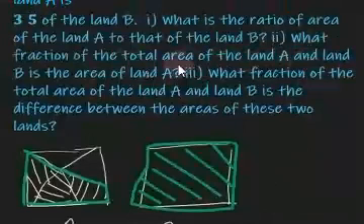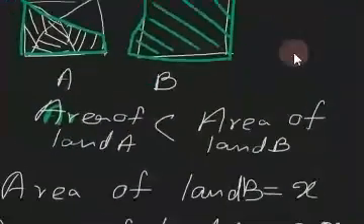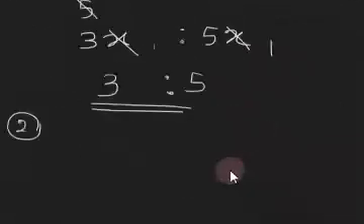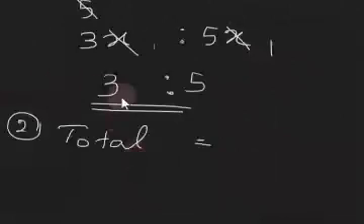So you have to write the ratio between the total area and the area of land A. You can find the total: 3 plus 5, which is 8.